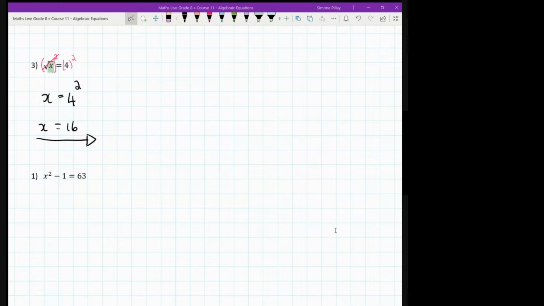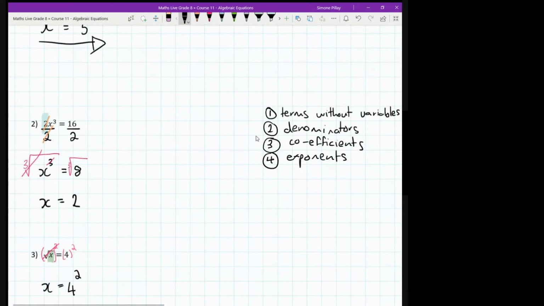Okay. Take two. Let's go. So over here we have x squared minus 1 equals 63. Now, if we go back here, remember what's the first thing we get rid of? Terms without variables.